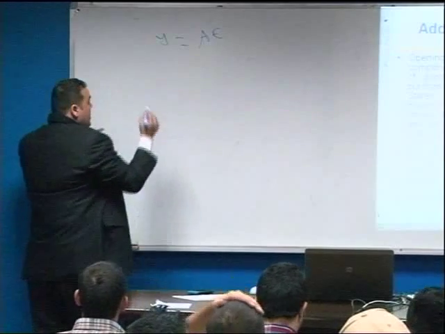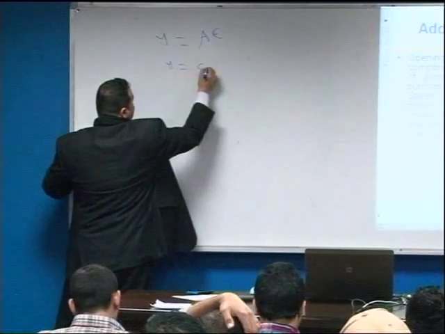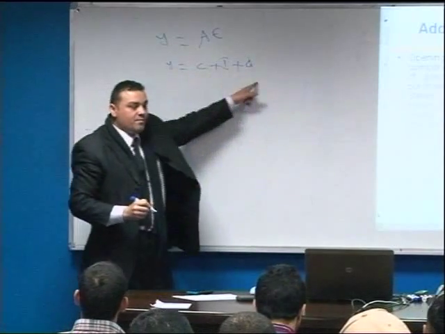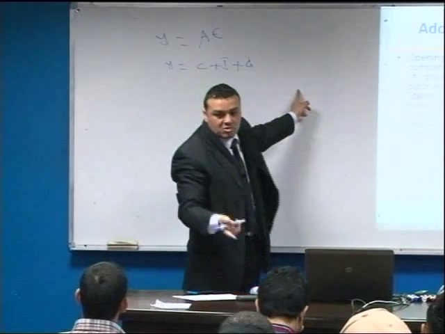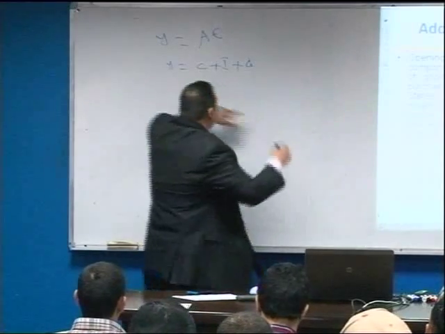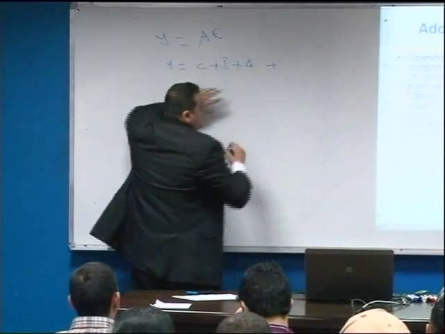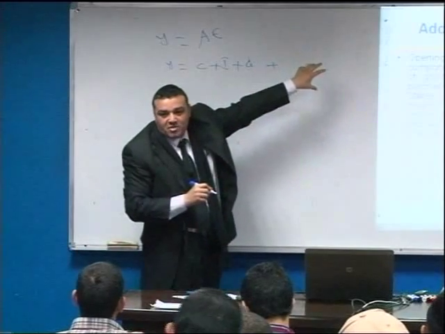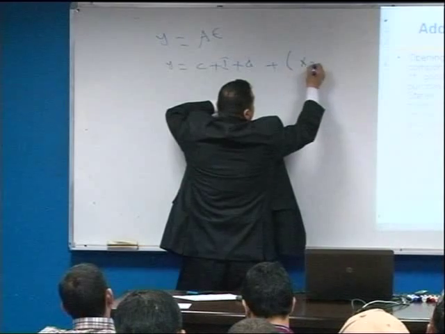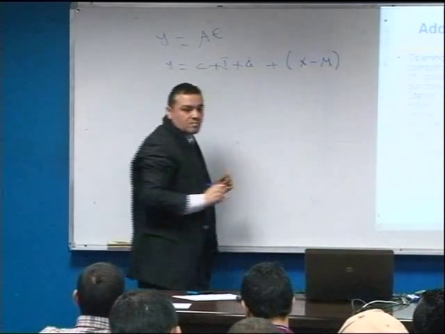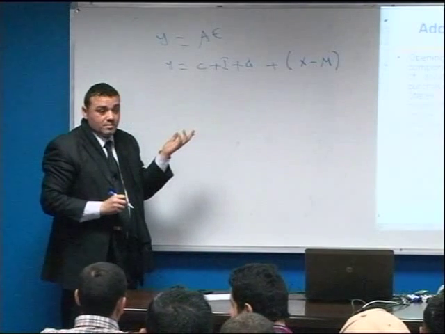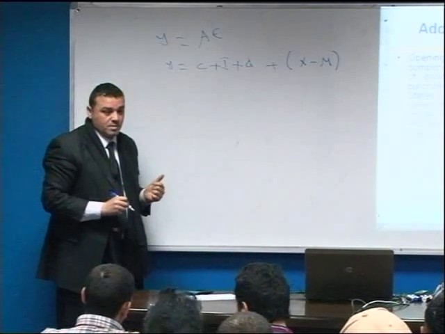And if we have a government, Y must equal C plus I plus G. And if we have the international sector in the country, with exports and imports, we should add it to the formula: net export, or X minus M. X is export, M is imports, right?